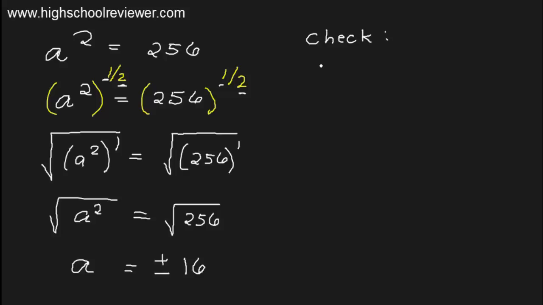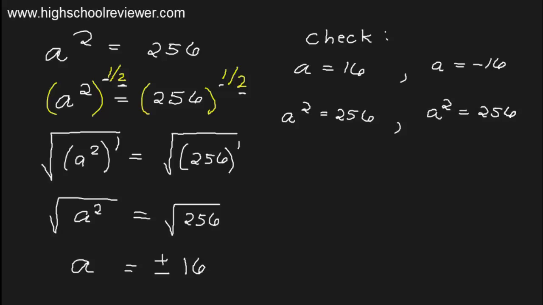So we are going to substitute a equals positive 16, and also another a, which is negative 16. Our equation is a squared equals 256.